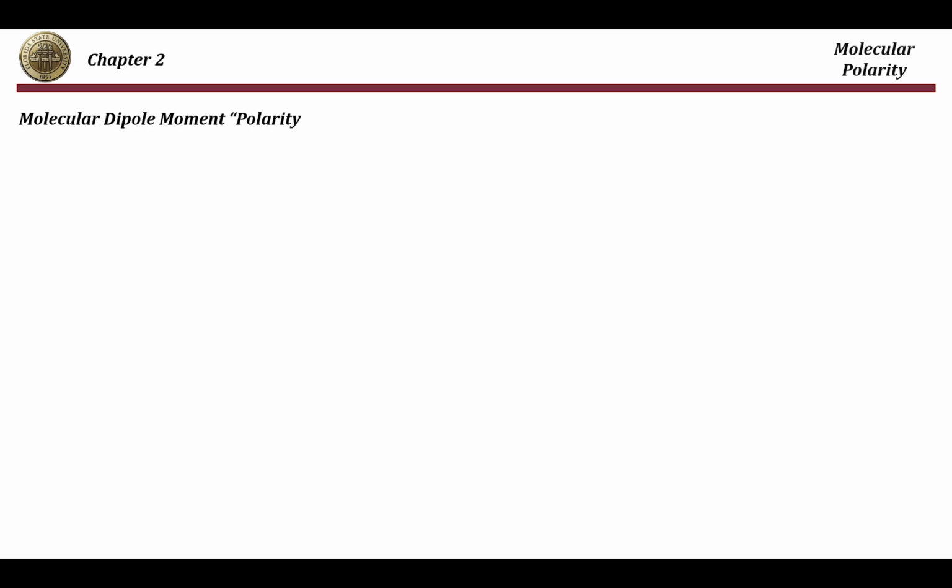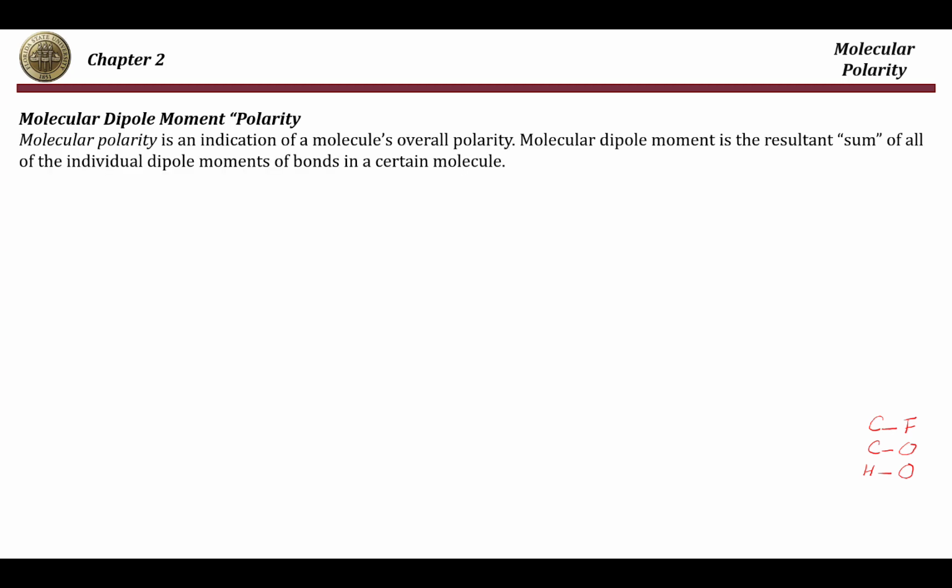So whenever you have two elements that have different electronegativity values, such as carbon and fluorine, or carbon and oxygen, or hydrogen and oxygen, then the bond will be considered as a polar bond because of this electronegativity difference.